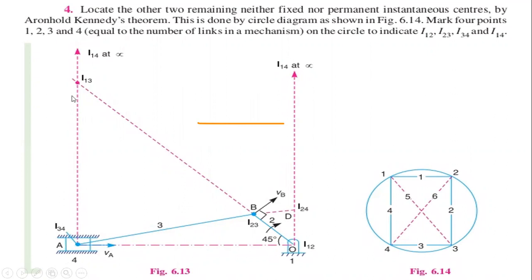So this is the length from the A position, and this is the length from the B position. From here you want to measure this, the length to be measured in a straight line.